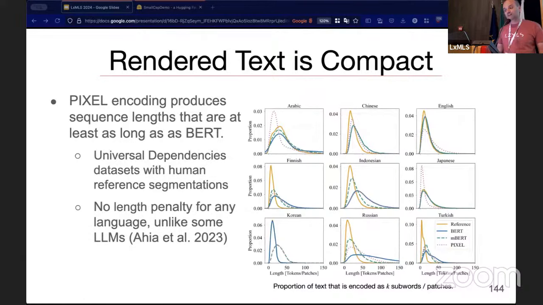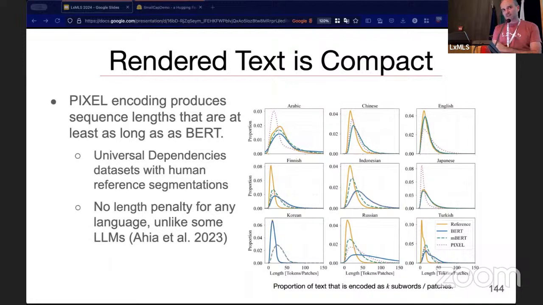And if we look across other languages here, it's a very similar story. And in some cases, pixel patch-based encoding produces much shorter sequences. So for example, with Arabic or with Japanese, we can produce really short sequence lengths that can actually squeeze more information than the reference segmentation, because for things like diacritic encoding, we can just draw it straight in.